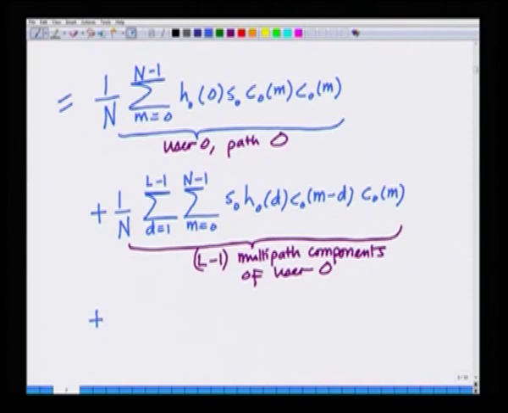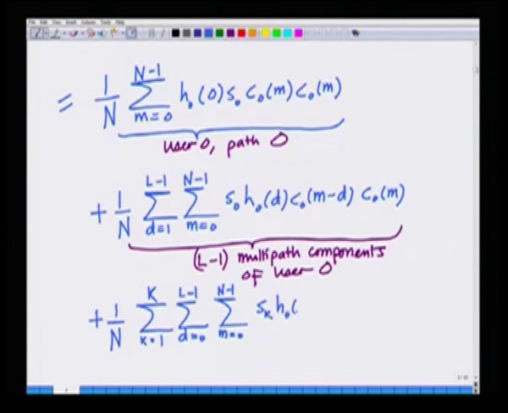plus now I will write the K L components of the interfering users, that will be summation 1 over n. Now, I will sum over the number of users, k equals 1 to capital K, summation d equals 0 to L minus 1, summation m equals 0 to n minus 1, s k h 0 d c k of m minus d c 0 of m.